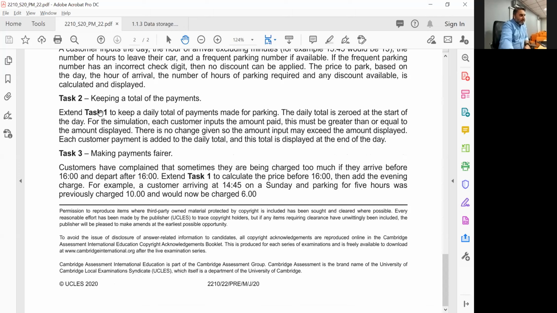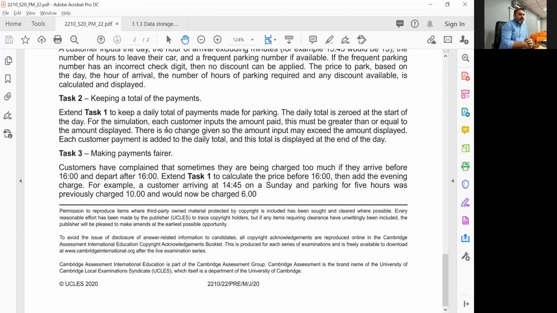Next task is about keeping a total of the payments. Now, this task is the extension of task 1. Extend task 1 to keep a daily total of payments made for the parking.